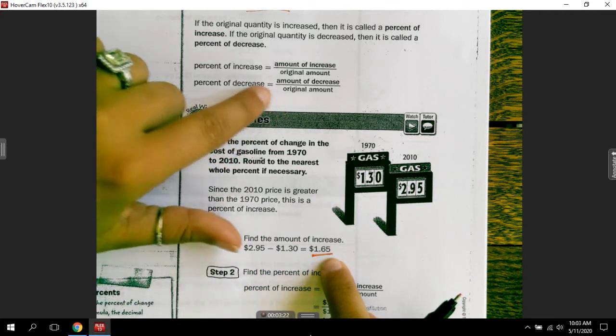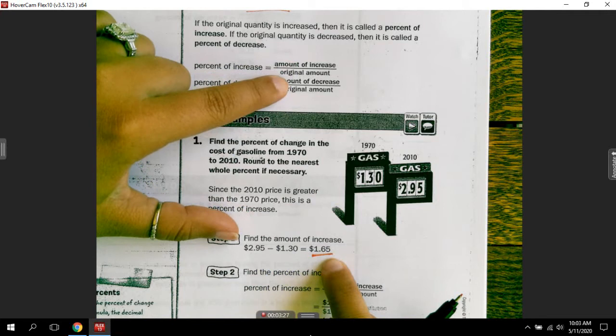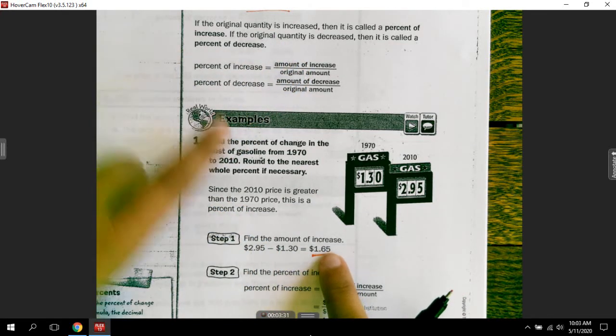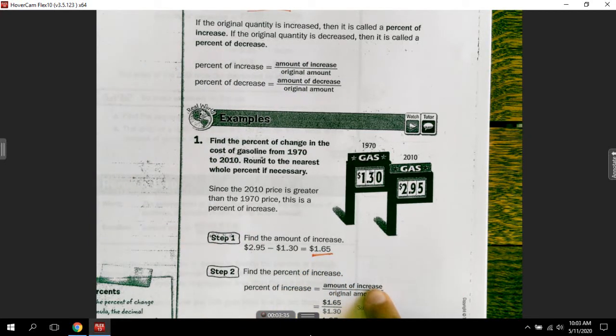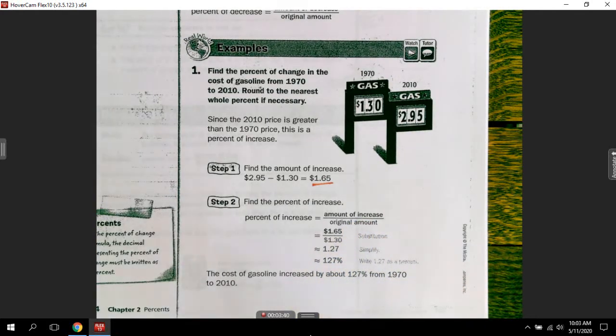So when we're finding this percent of increase, it's the amount of increase divided by the original amount, okay? So the amount of increase is how much it's changing, which is what we just found. So then we want to divide that. So our $1.65, we're dividing by the original amount, okay? Original amount is always what was the starting price.